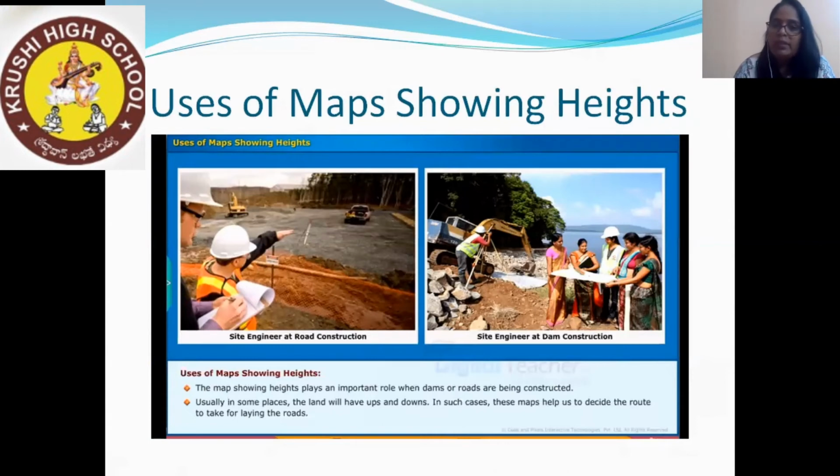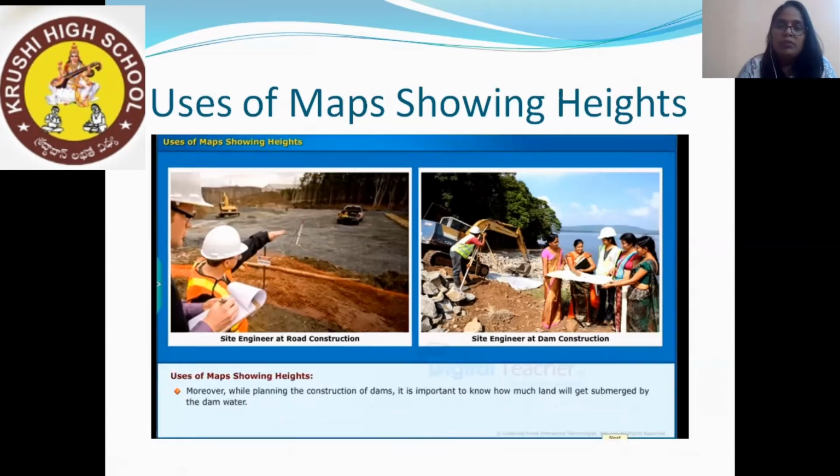In such cases, these maps help to decide the route to take for laying the roads. Generally the roads are in an irregular form. In some places you can find up and in some places you can find down. So it helps the engineers to plan the road in laying it, right children?